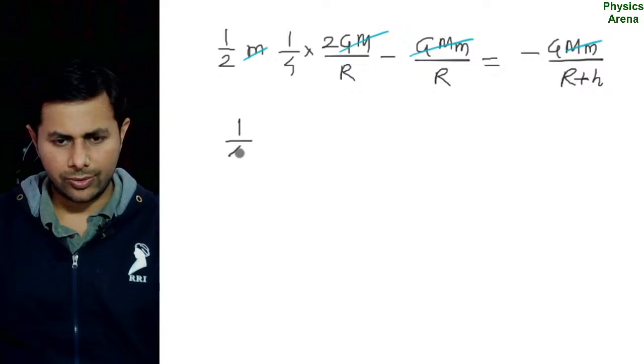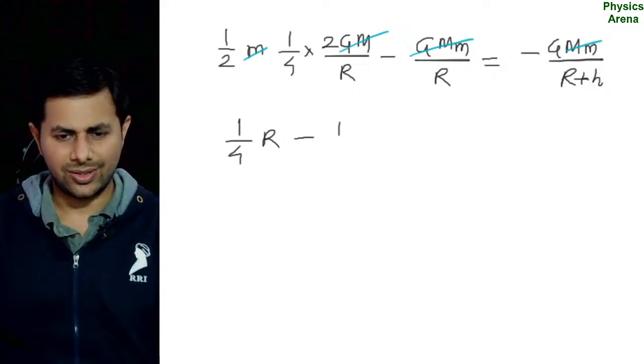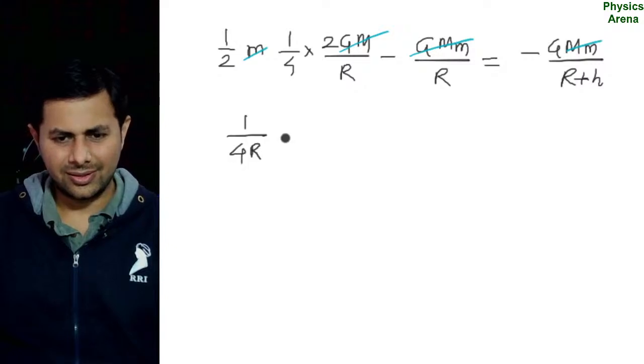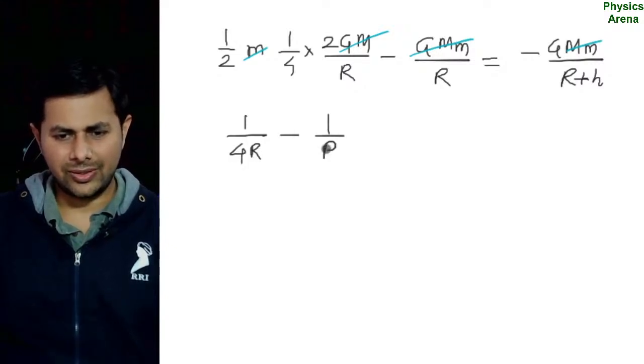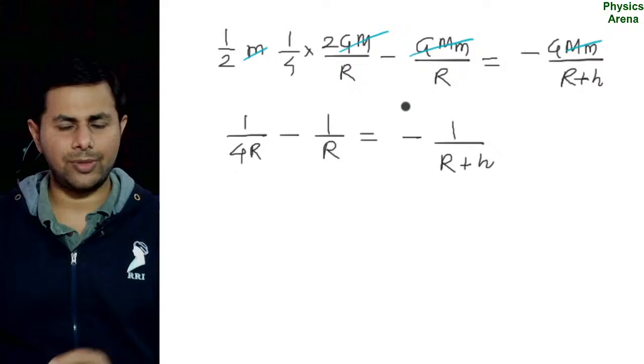It is 1 by 4r minus 1 by r. Oh, it's 1 by 4r in denominator, minus 1 over r, that's equal to minus of 1 over r plus h. So we can reshuffle this.